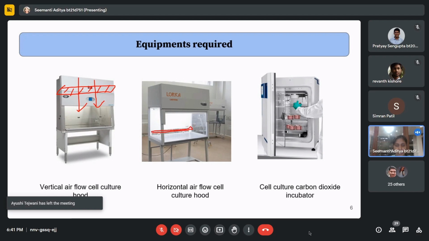And this is the horizontal airflow cell culture hood, where you can see that the HEPA filter is present in this region of your hood, and the air is passing this way, towards the outside. What it is doing is taking air from inside the hood and not allowing outside air to come in. The pressure of the air from inside is so high that the outside air is not able to enter the hood. It comes out like a waterfall, in very high pressure form.